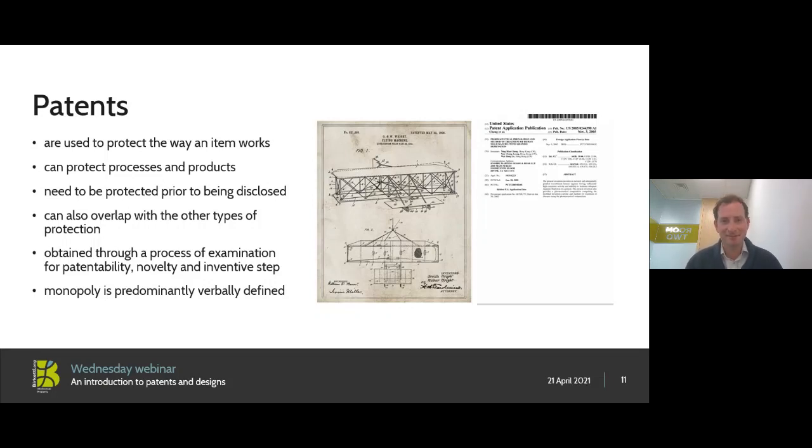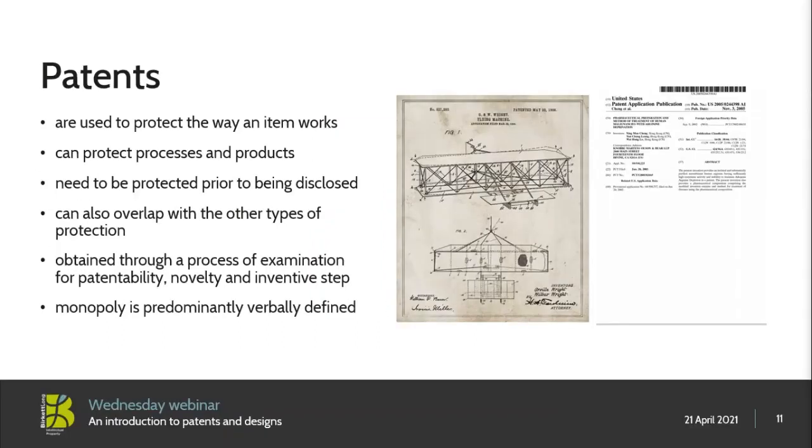You can actually see in my examples here, we've got an old one, which is the Wright brothers flying machine, and then next to that, probably a bit difficult for you to see unless you really put your nose up against the screen, that's actually the patent application for one of the coronavirus vaccines. It's either Pfizer or Moderna, I'm not sure.